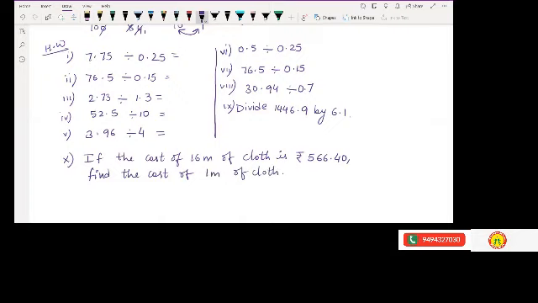The cost of 16 meters of cloth is given to you. You have to find the cost of 1 meter of cloth. Okay. Yes, sir. Okay. So these are the 10 questions for homework. Okay. Have you noted them down?